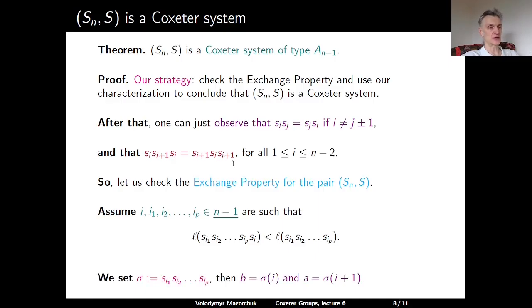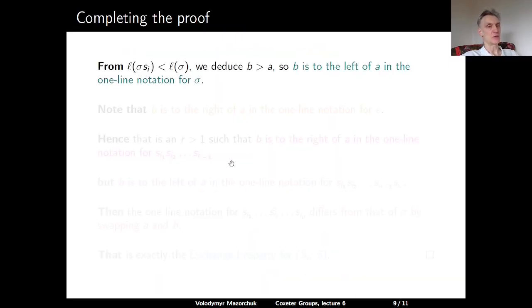Denote by sigma the product Si1, Si2 and so on Sip, and let B be sigma of i and A be sigma of i plus 1. From our assumption that the length of sigma Si is smaller than the length of sigma, we deduce that B is greater than A. So B is to the left of A in the one-line notation of sigma. Of course, B is to the right of A in the one-line notation of the identity because it's greater than A.